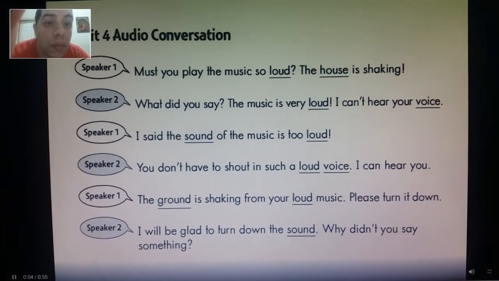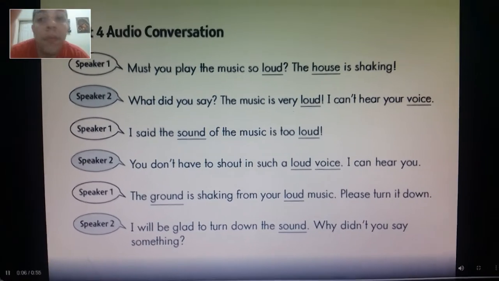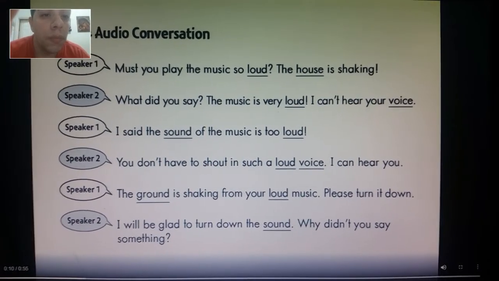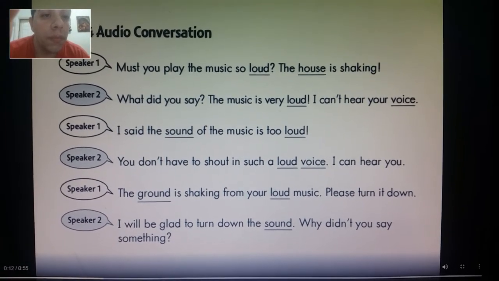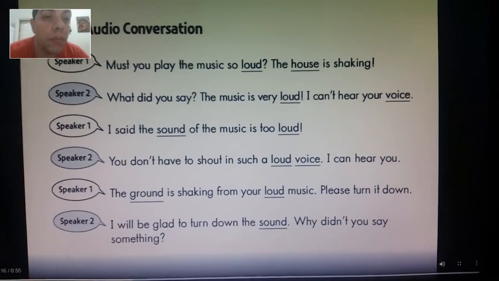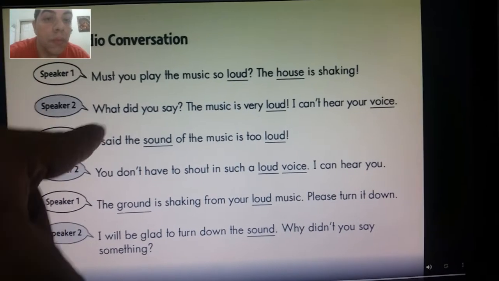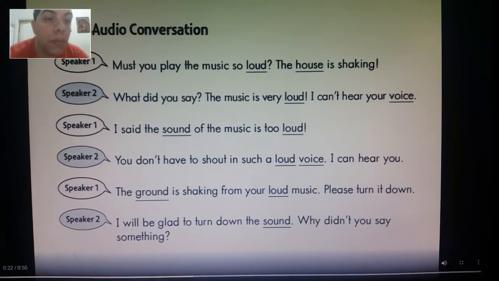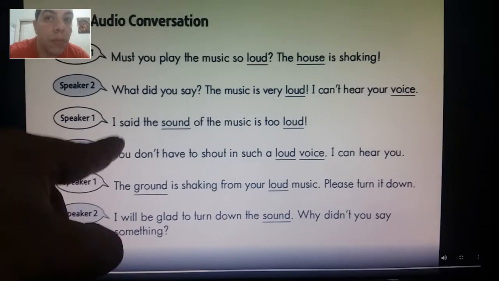Unit 4. Read along as you listen to the conversation. Must you play the music so loud? The house is shaking. What did you say? The music is very loud. I can't hear your voice.